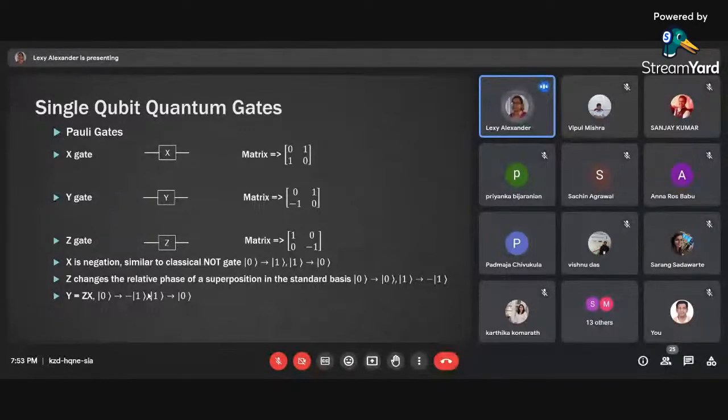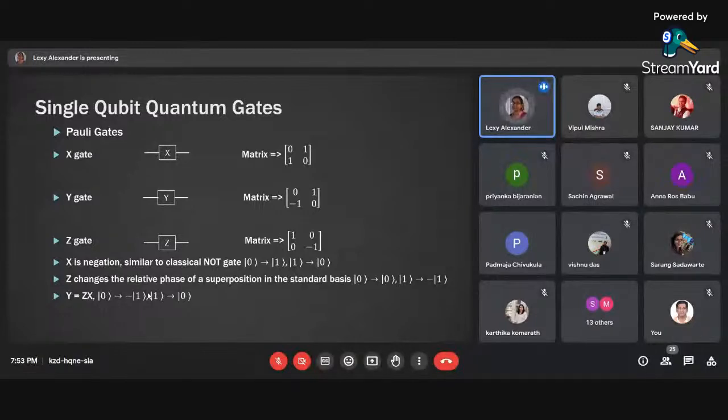If the amplitude is positive, it becomes negative; if it is negative, it becomes positive. So |0> is not changed, but |1> will be changed to minus |1>. And Y you can verify is equal to Z into X, up to a factor. So |0> will go to minus |1>, and |1> will go to |0> under Y.